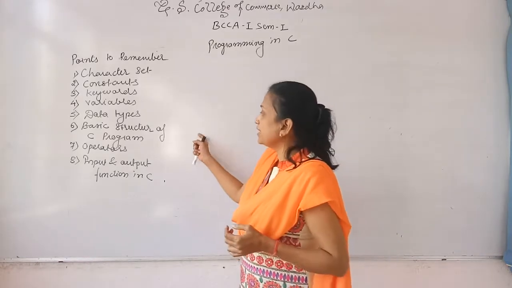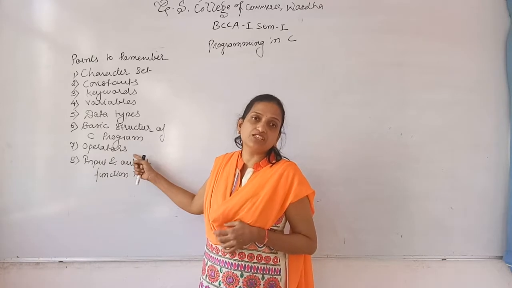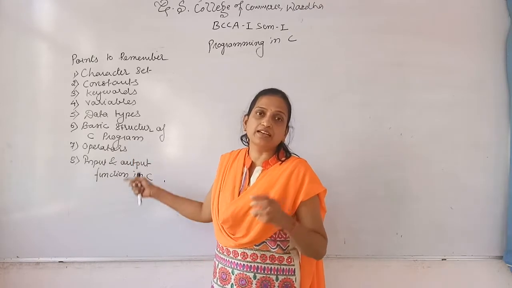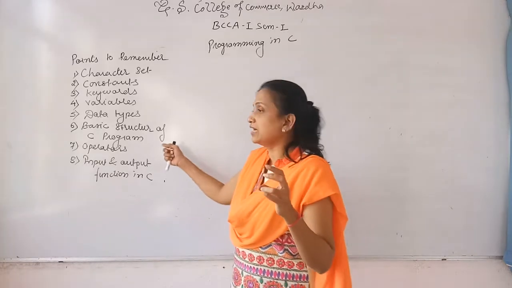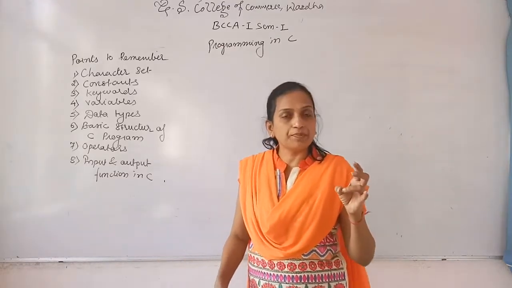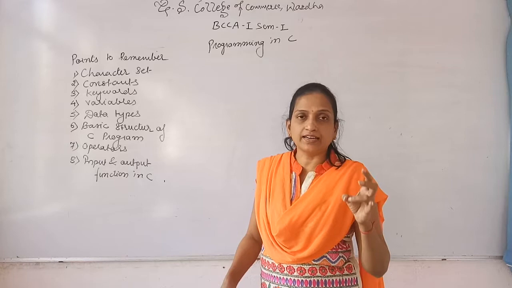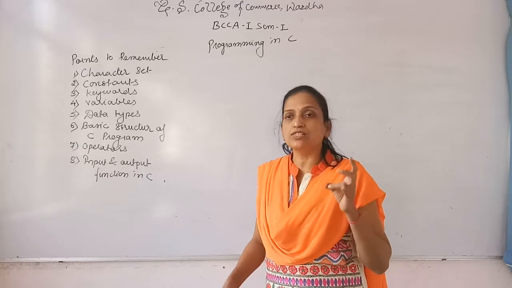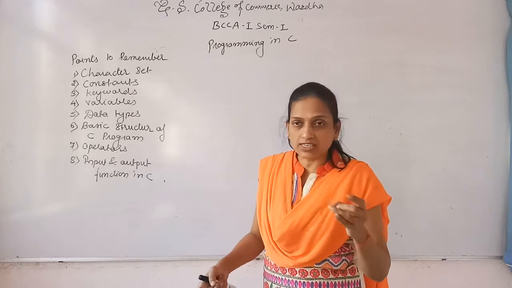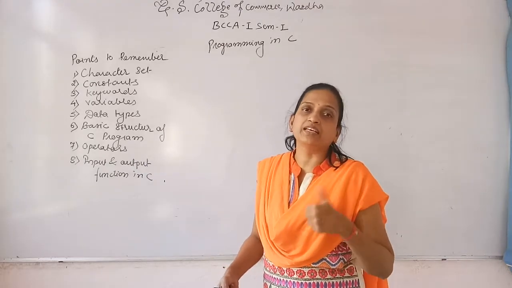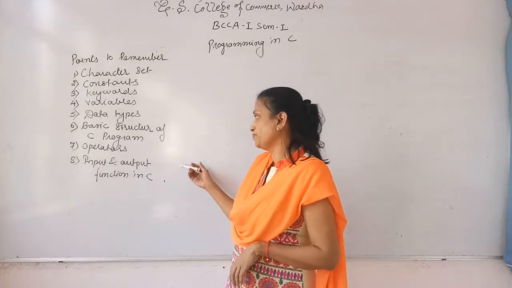Then next is operators. In our previous lecture we discussed the operators: arithmetic operators (plus, minus, multiplication, division and modulus), then relational operators (greater than, less than, greater than or equal to, less than or equal to, not equal to), logical operators (and, or, not), assignment operators, and increment and decrement operators.